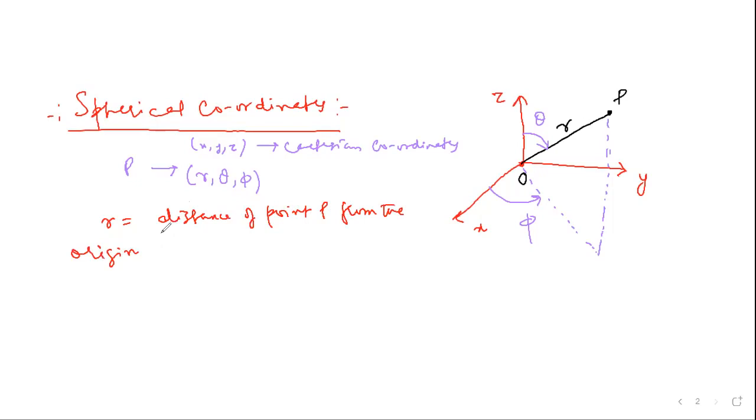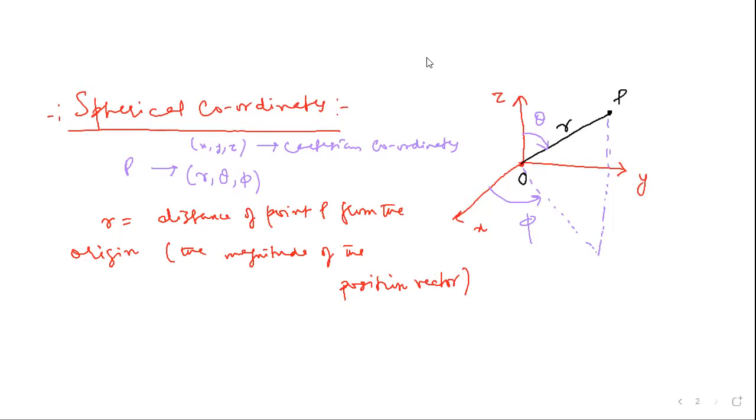As indicated in the figure, that is simply the magnitude of the position vector. It is the magnitude of the position vector.